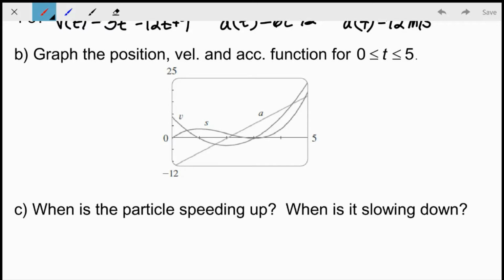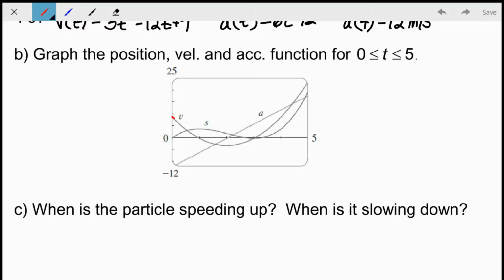So if I'm just purely looking at the velocity graph and disregard the position and acceleration for a second, if the velocity is getting closer to 0, I'm slowing down. If the velocity is getting further from 0, I'm speeding up, because when I'm getting further from 0, magnitude is increasing. When I'm getting closer to 0, magnitude is decreasing.